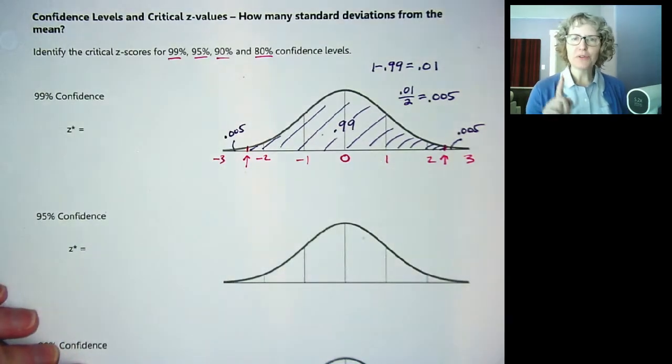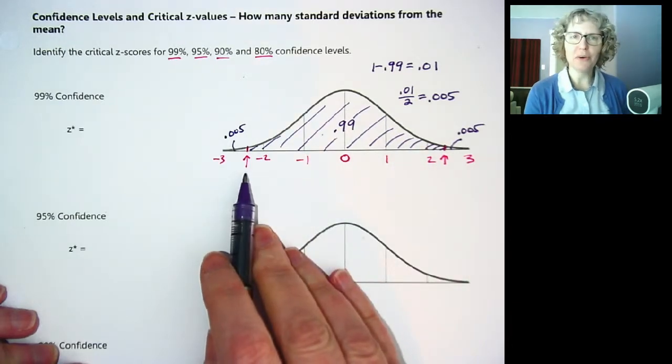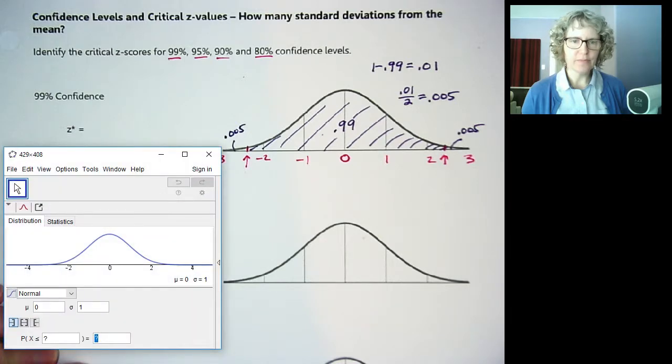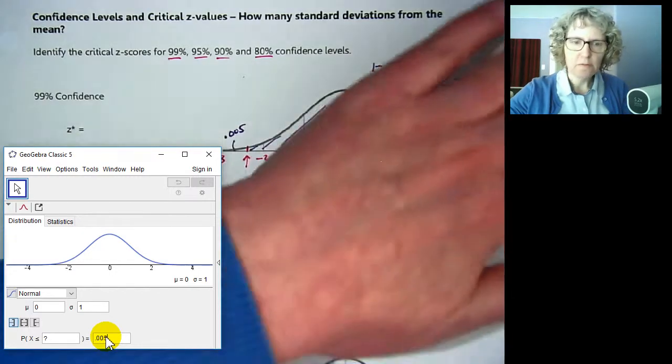Okay, now, do you remember how we found these values in GeoGebra? I bet you do. So I'm going to pull up GeoGebra here, and we have our normal 0, 1. We are trying to find the value where the area to the left is 0.005.